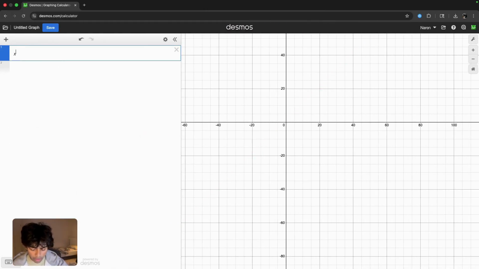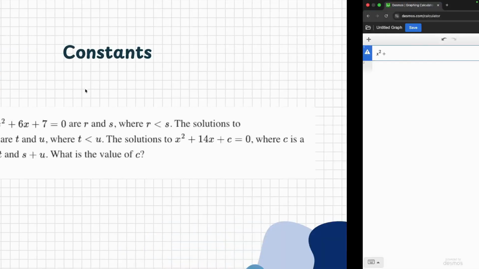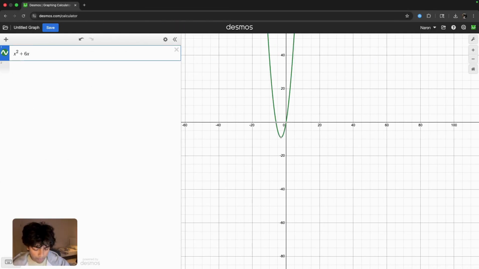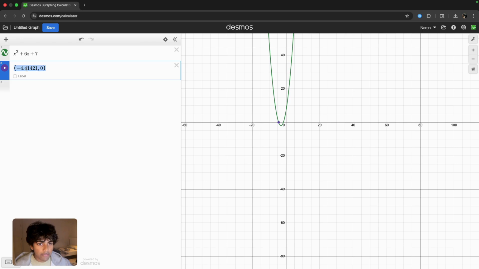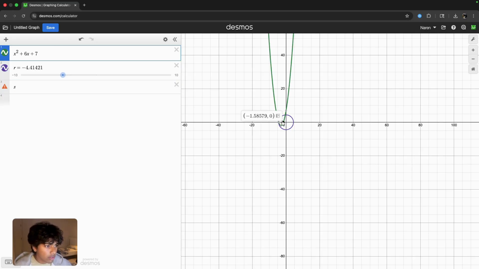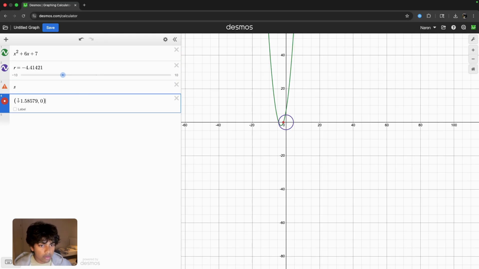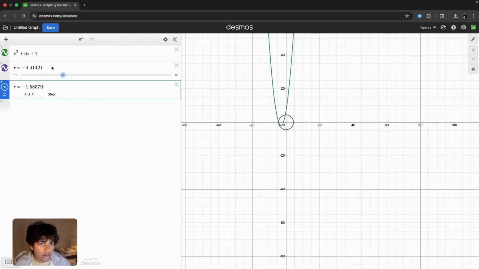First we'll start with the equation x squared plus 6x plus 7. Right? We come here and get the point, and that's equal to r. So r equals this x value. We'll get rid of the comma 0. And then we know that s equals this x value, right? So there's where s and r are. And now I'll find t and u.